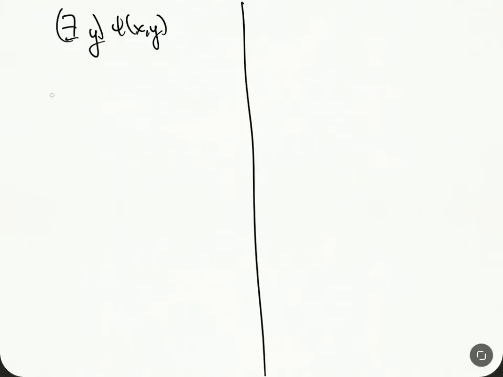So for quantifiers, let's say there exists a y psi of x y. So something like this formula here. How do we interpret this? This is going to be defined to be equal to, here, x is of sort A. Let's say y has a new sort. So y is sort B.